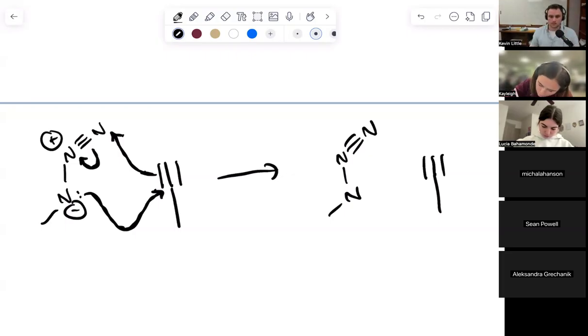I don't really understand the part of the bottom nitrogen. Can you explain what exactly that's going to and what it means? All right, so it's going to this carbon. Not the whole bond, but just that carbon.